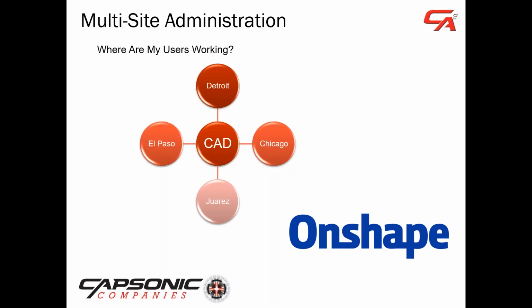We give them an email account that they log into, generate an Onshape account, and then they're part of our domain, and we can control permissions and share individual documents or components or even projects with that vendor. That gives them an opportunity to review the CAD exactly as we see it, and then they can download that CAD into whatever systems they need for the projects they're working on.